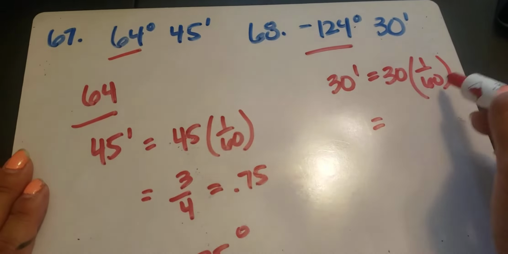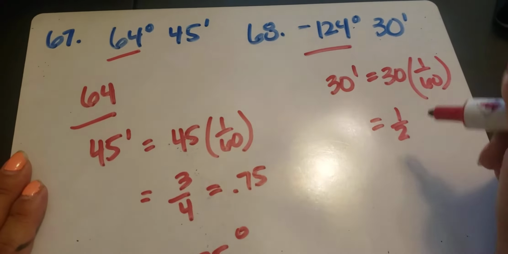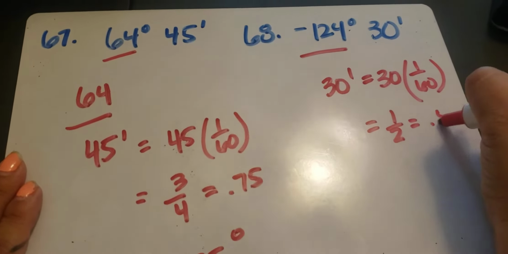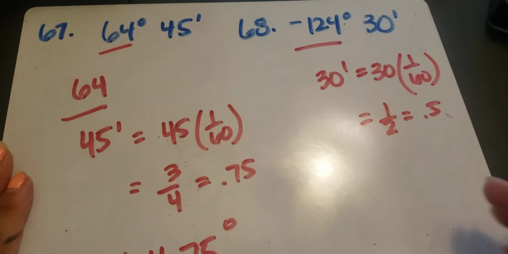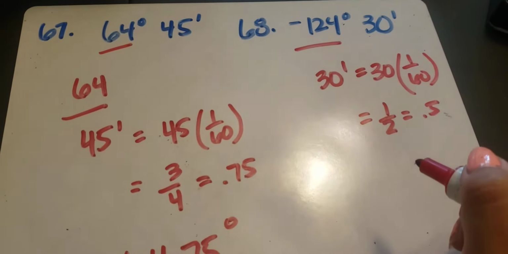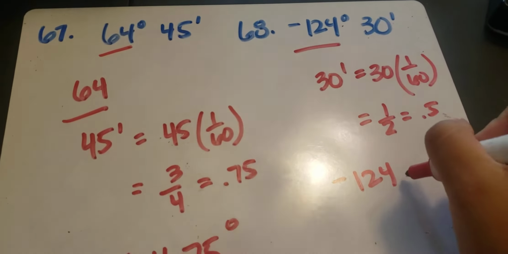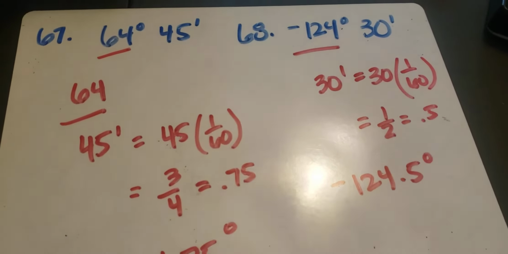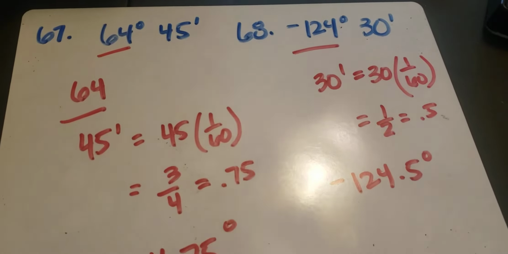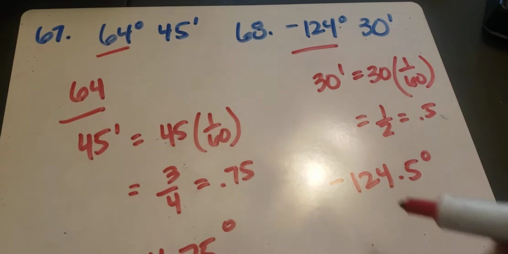And you guys, if I simplify this, it is the same as 1/2. And 1/2 is the same as 0.5. So my final answer should be negative 124.5 degrees. And that's for number 68.